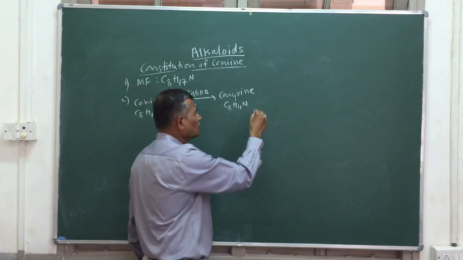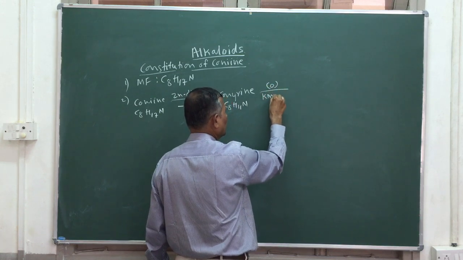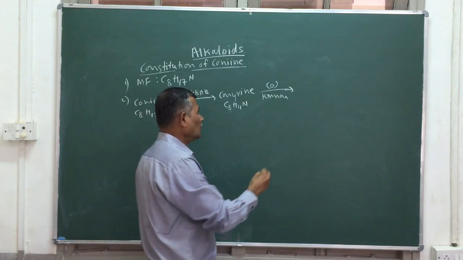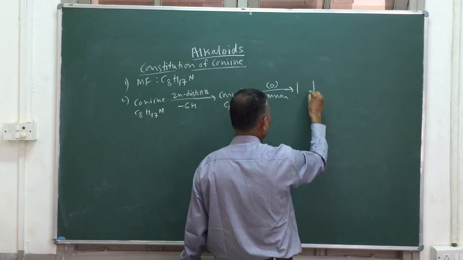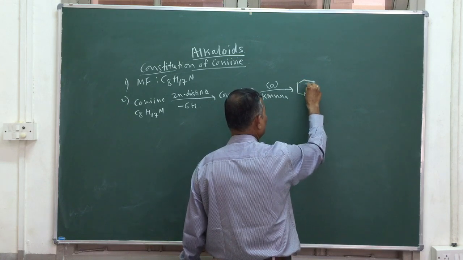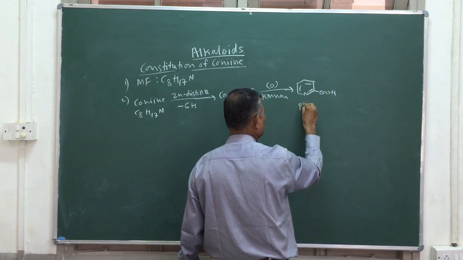Now further, this conyrine is subjected to oxidation with potassium permanganate, KMnO4. You will get a known compound, which is nothing but pyridine 2 carboxylic acid.